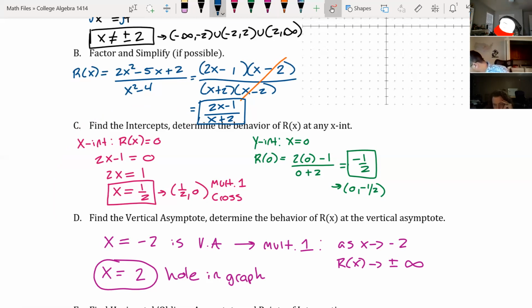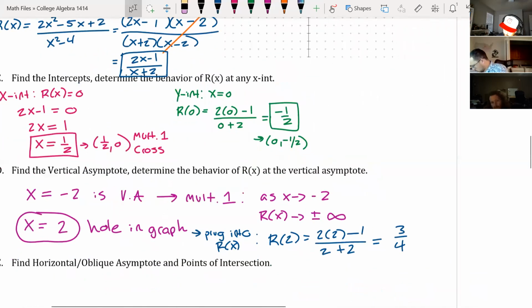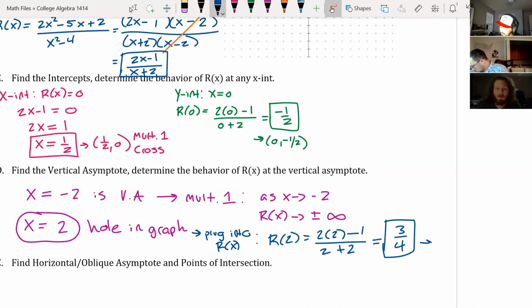So you'll get r of 2, which will give me 2 times 2 minus 1 over 2 plus 2. And this will give us 3/4. So this means that the hole is located at 2, 3/4.